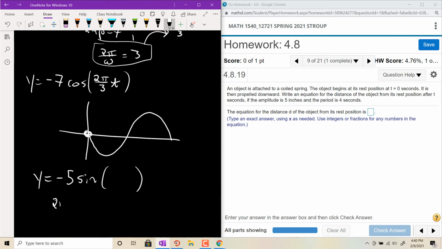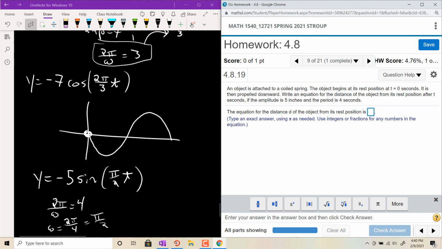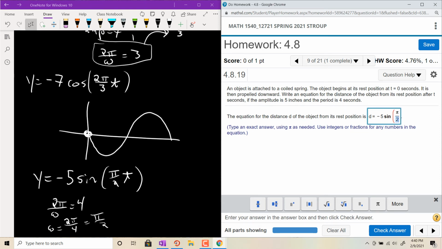Period is 4, so 2 pi over omega is 4. So omega is 2 pi over 4, which is pi over 2. So pi over 2 t. And remember to use the appropriate variables this time. D is negative 5 sine of pi over 2 t.